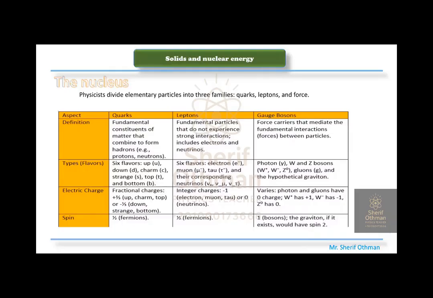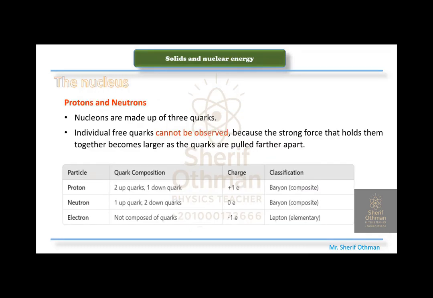The charge varies. Photons and gluons have 0 charge, while the positive W boson has +1, the negative W boson has -1, and the Z boson has 0. Spin one boson part is this part, guys. He is going to ask you about this part.